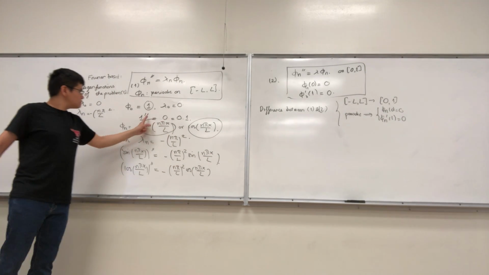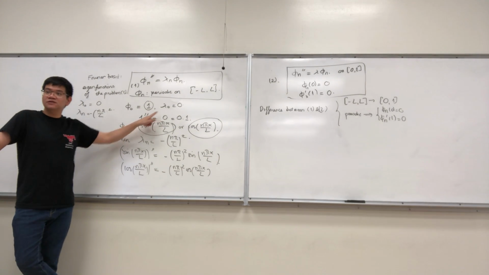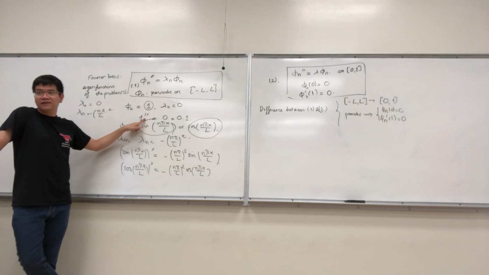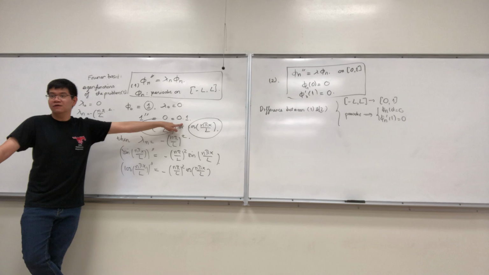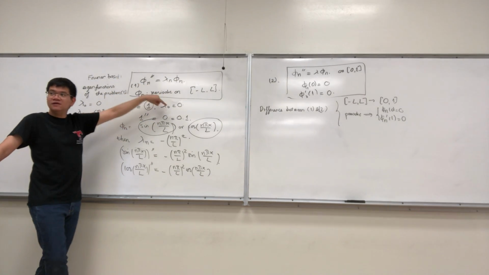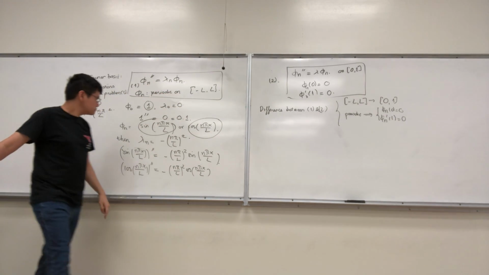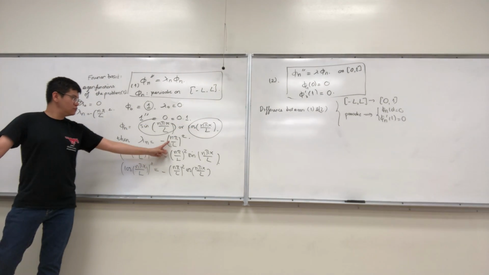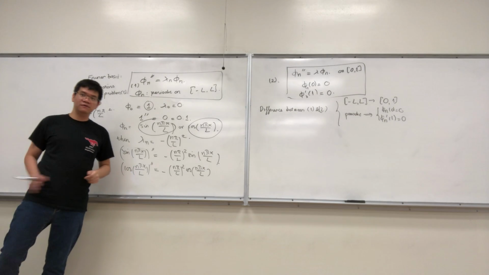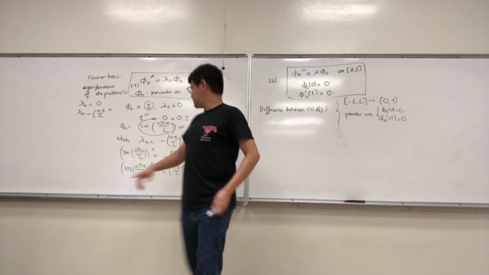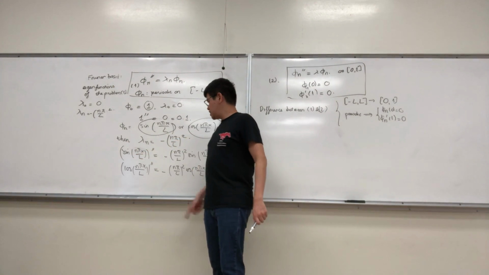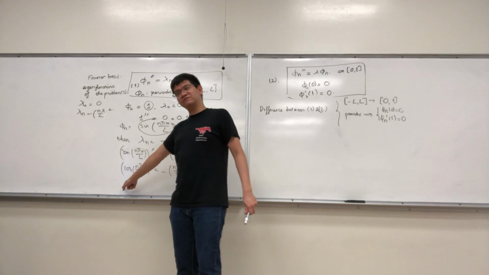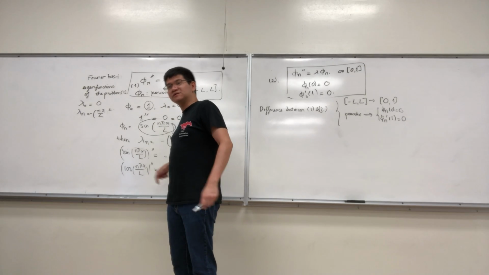For instance, the function 1 is associated with the eigenvalue 0, because when you take the second derivative of 1, you get 0, and this is 0 times 1, right? The functions sine and cosine are associated with the eigenvalue minus (n pi over L) squared, because when you take the second derivative of sine, you get lambda n sine, and when you take the second derivative of cosine, you get lambda n cosine.